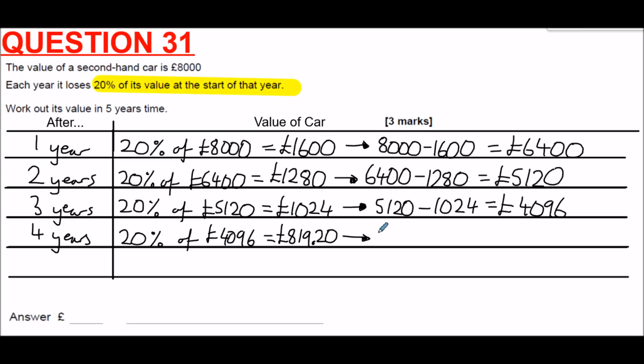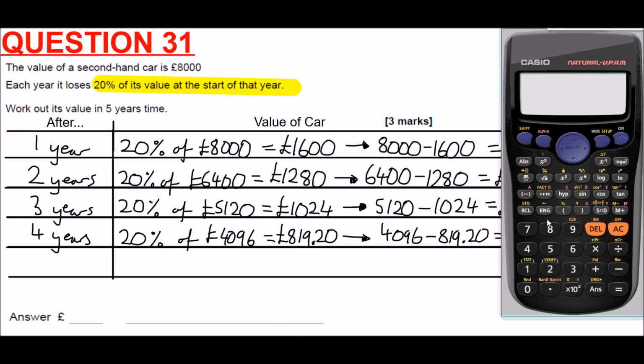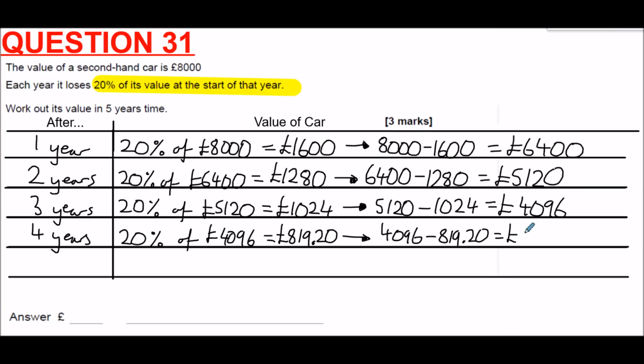So we subtract this figure from the 4,096. So 4,096 subtract £819.20 is £3,276.80. So that's after 4 years what it's worth.